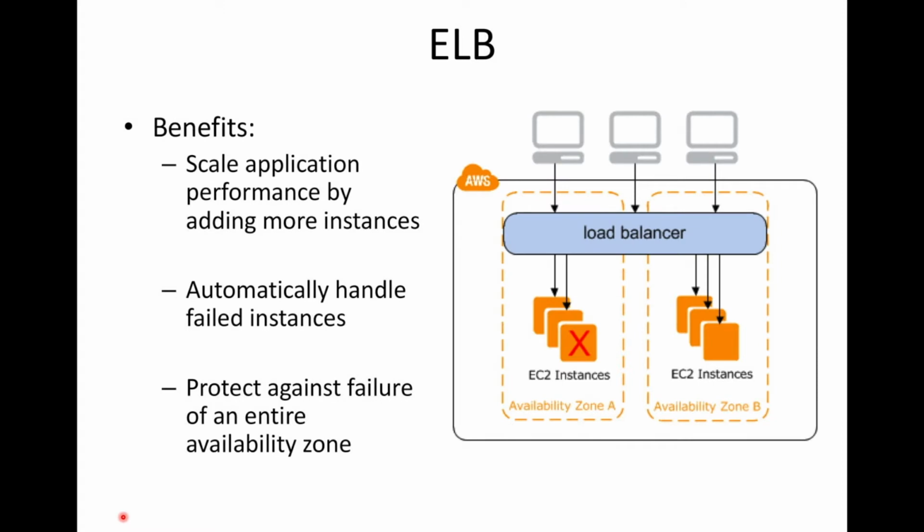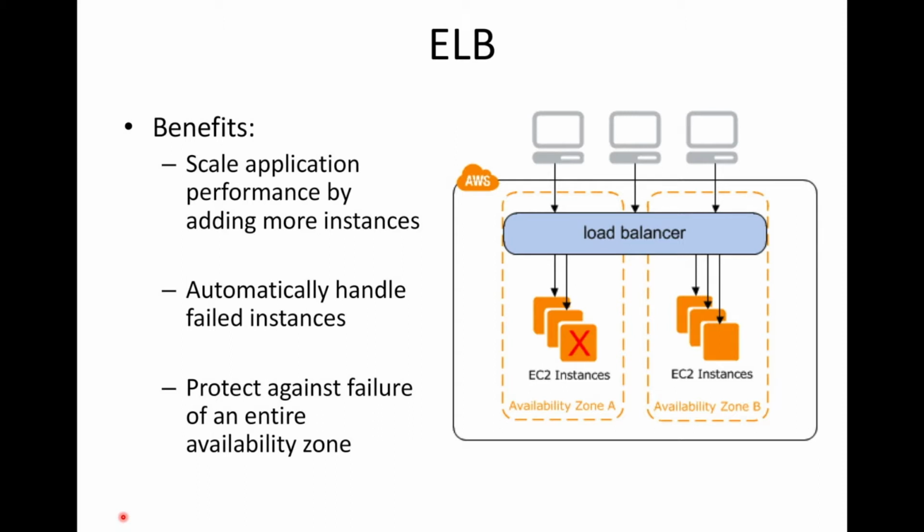There are several benefits to the Elastic Load Balancer service. This is a service that we use in almost any architecture where we're deploying a distributed application because we need some way to be able to distribute requests across several different instances.